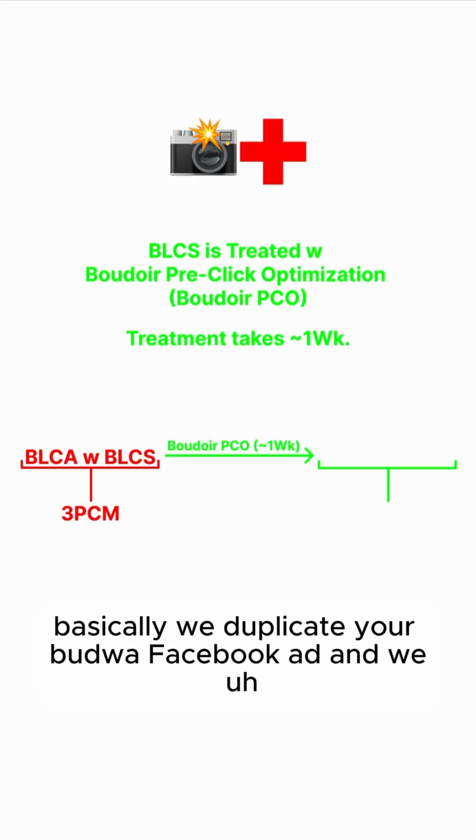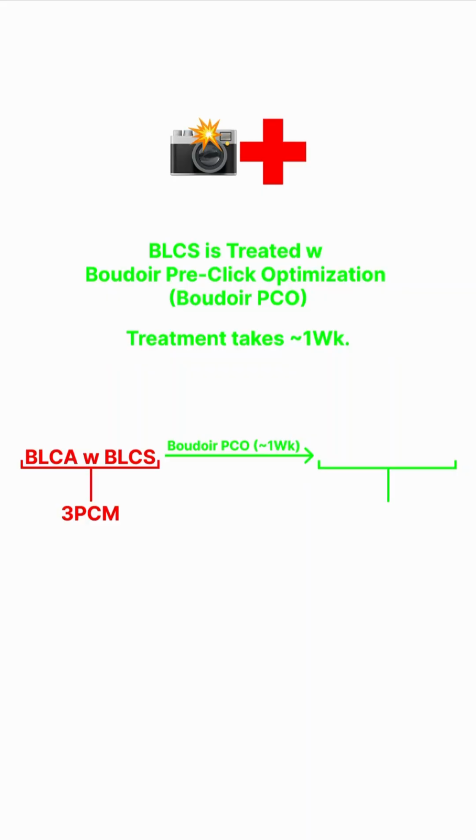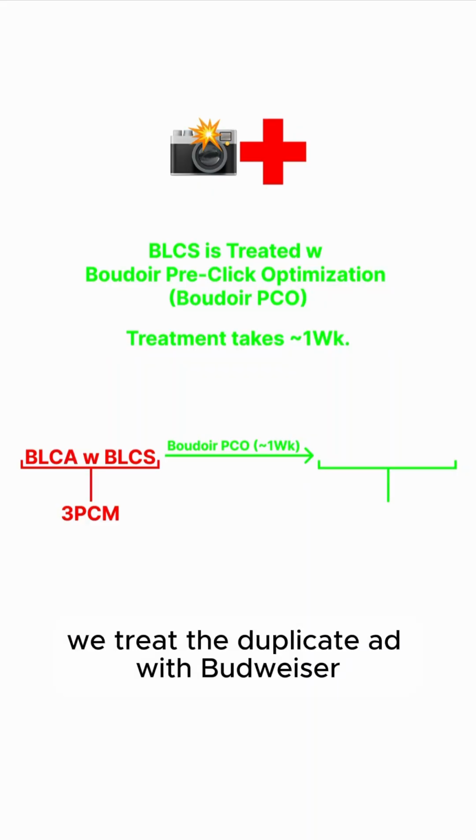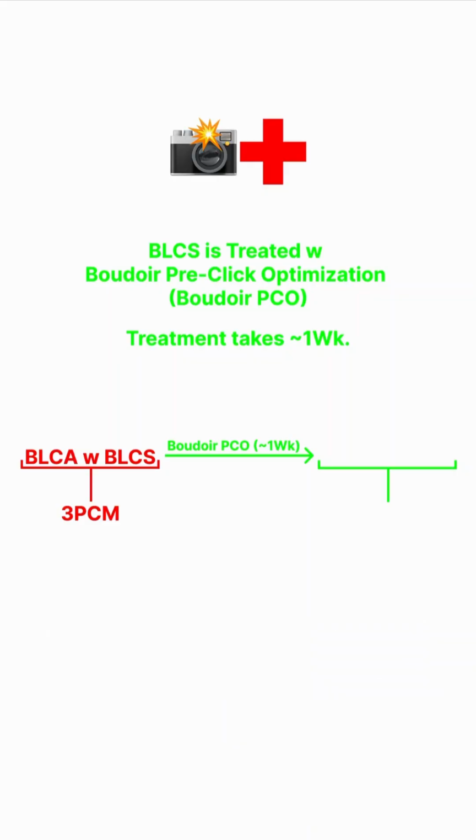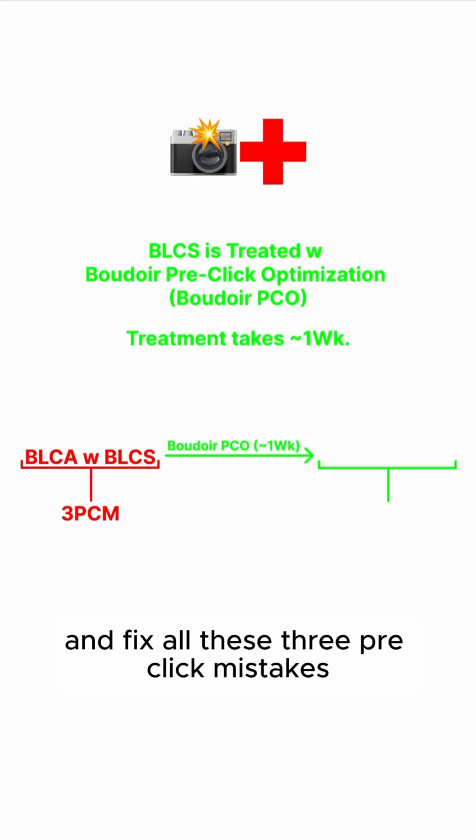Basically, we duplicate your boudoir Facebook ad, and we treat the duplicated ad with boudoir Pico. We leave the original, and fix all these 3 pre-click mistakes in the Pico ad.